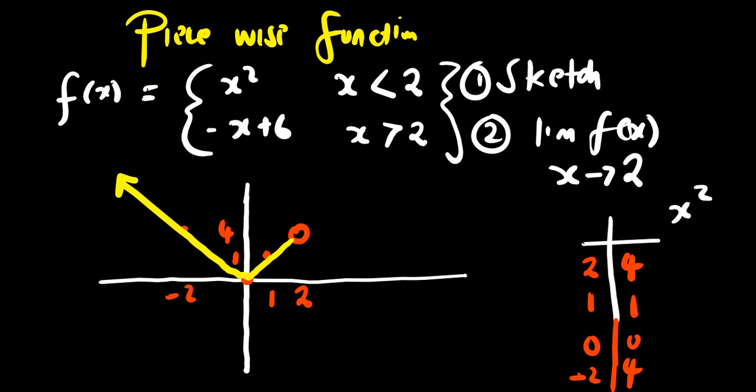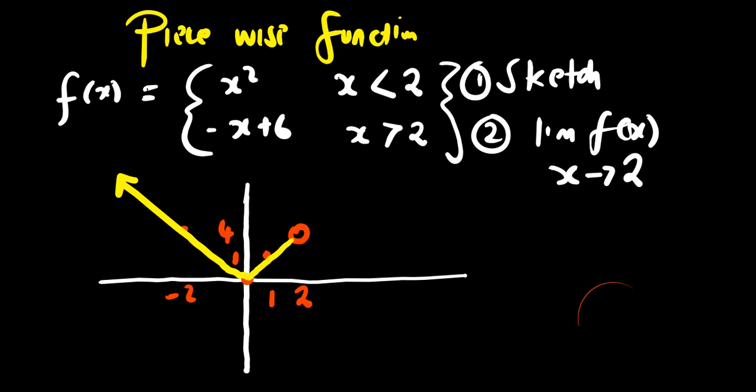Now let's come to the second one. On the second one, we have negative x plus 6. So we can also come up with a table of values. Let's say this is x and this is y. Now we're saying x is greater than 2. So because x is greater than 2, we can start from the same 2 and go to numbers that are greater than 2. If in this expression we put 2, what are we going to have?